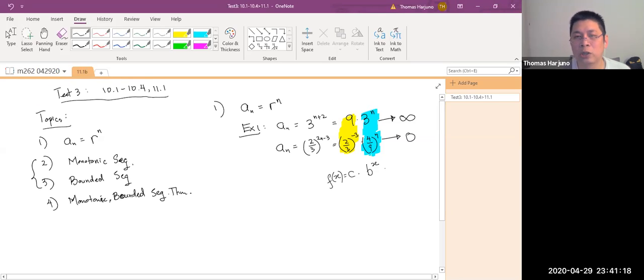And we learned that the far end behavior will be infinity when the base is greater than 1, right? And it will be 0 when the base is between 0 and 1 when it comes to exponential function.